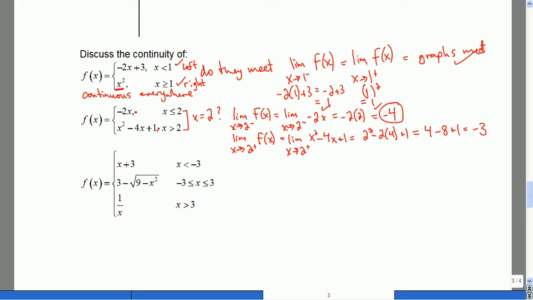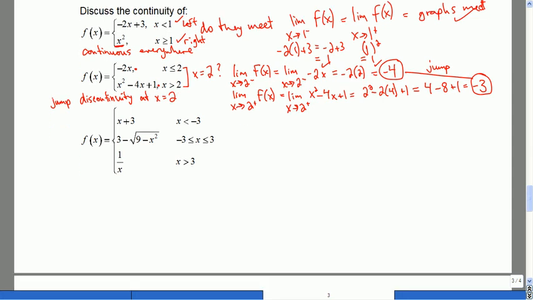So these two values are not the same. It means there's going to be a jump because they don't touch. So this one is discontinuous. Why don't we say jump discontinuity to be more specific, at x equals 2.